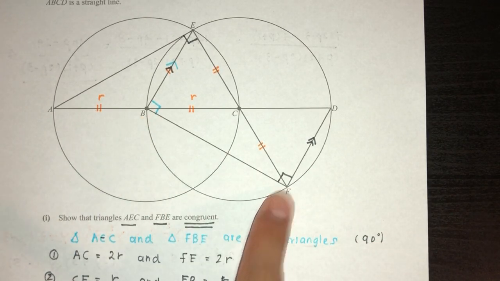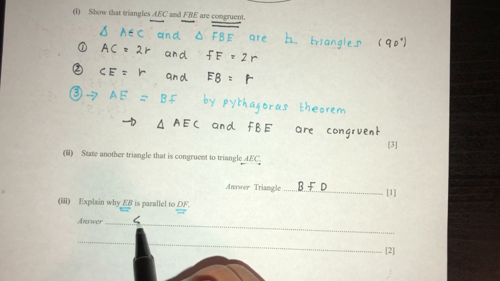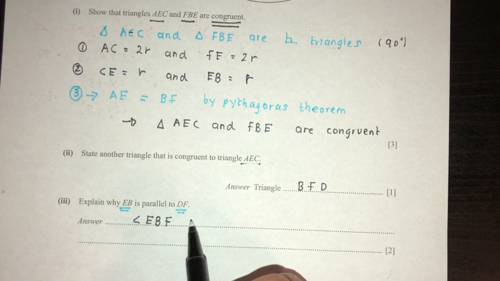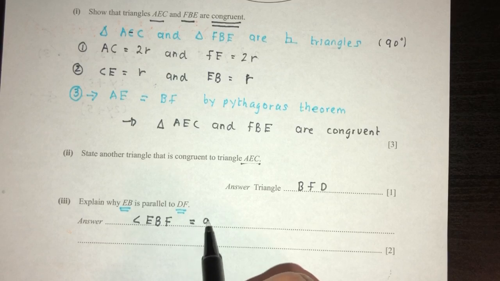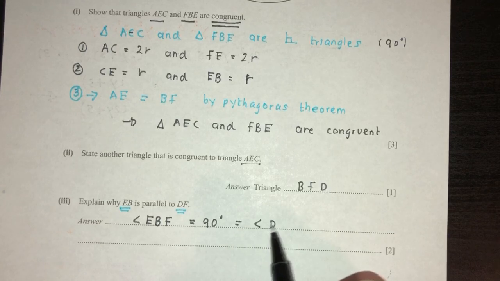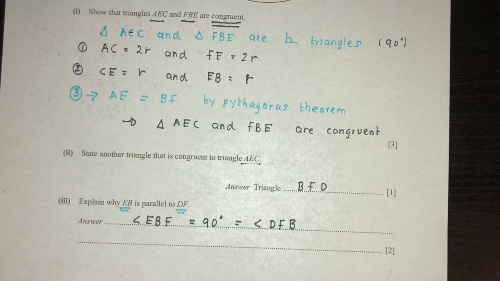Okay, see, that's why they have to be parallel. So let's write down one of the explanations. You can write down because angle EBF is 90, is equal to angle DFB. That's why it has to be parallel.